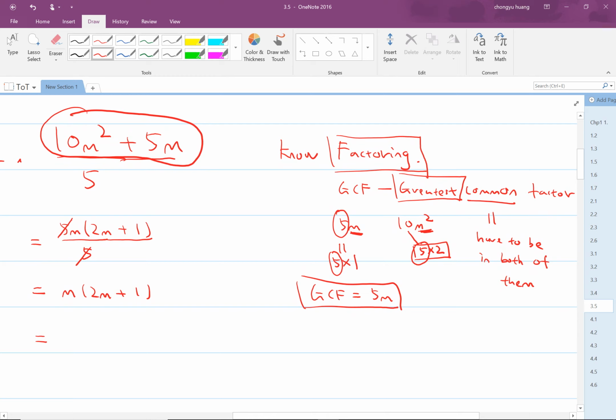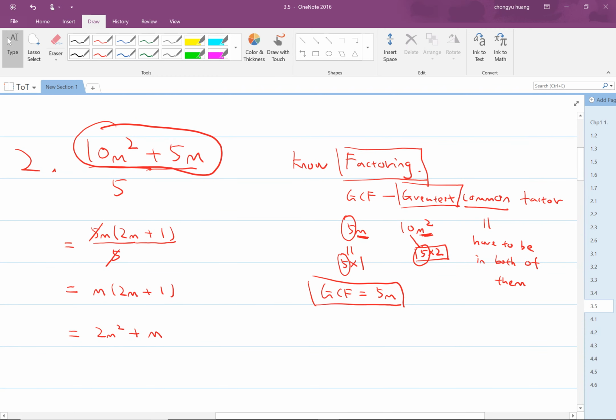It basically becomes 2m squared plus m, right? Okay, so after that we just need to simplify a little bit, so it becomes 2m squared plus m, right? Okay.